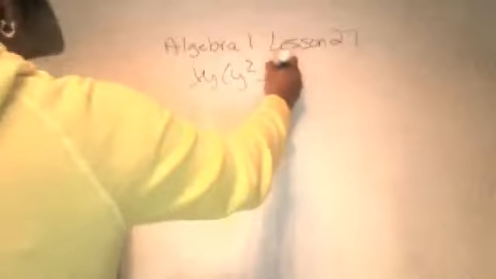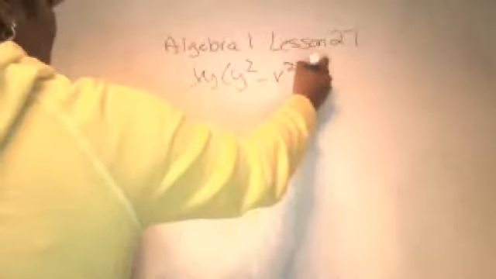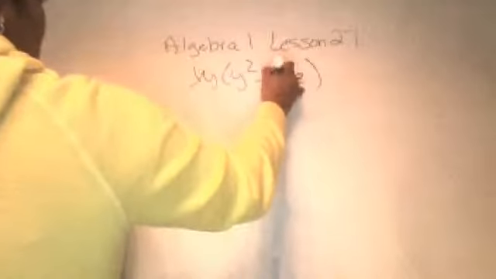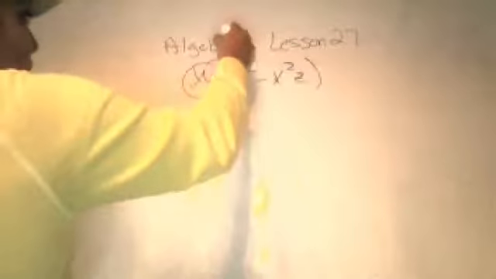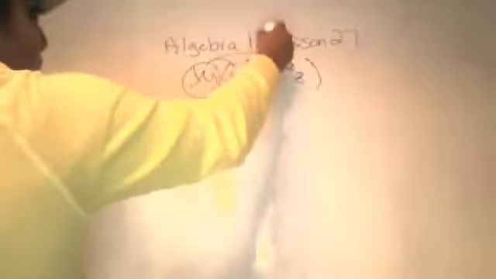For example, let's look at this one. If we have xy times (y squared minus x squared z), okay, we have two terms inside of that parentheses. So we have to multiply everything outside to every term inside of the parentheses.